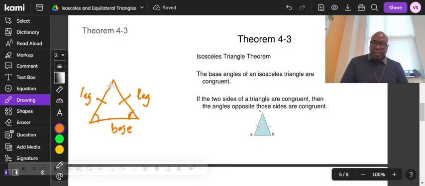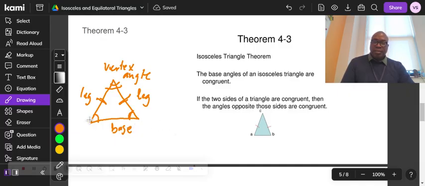So this angle up here is going to be your vertex angle. But these two angles here are congruent because these two sides here are congruent. That is what the isosceles triangle theorem is saying.